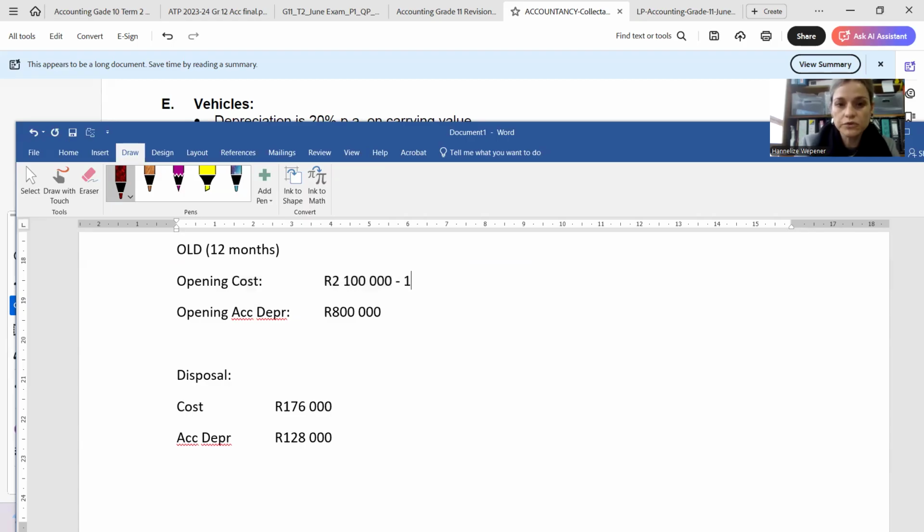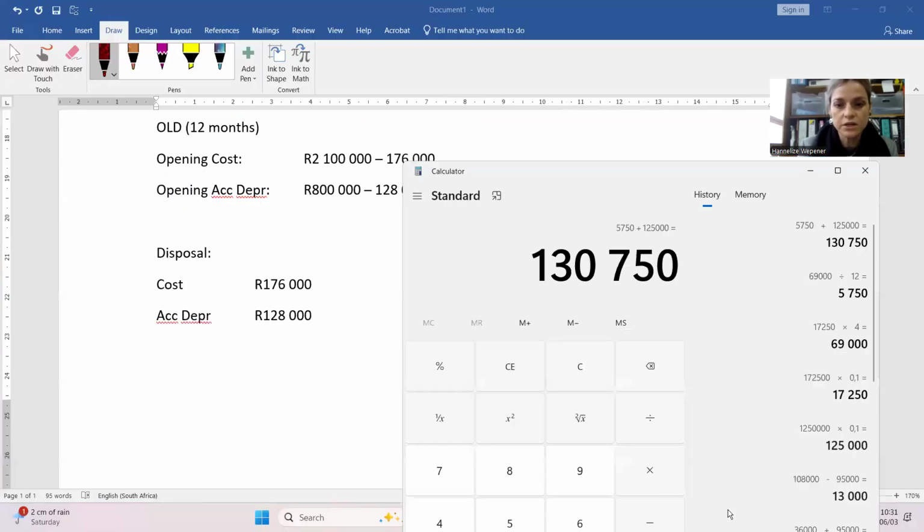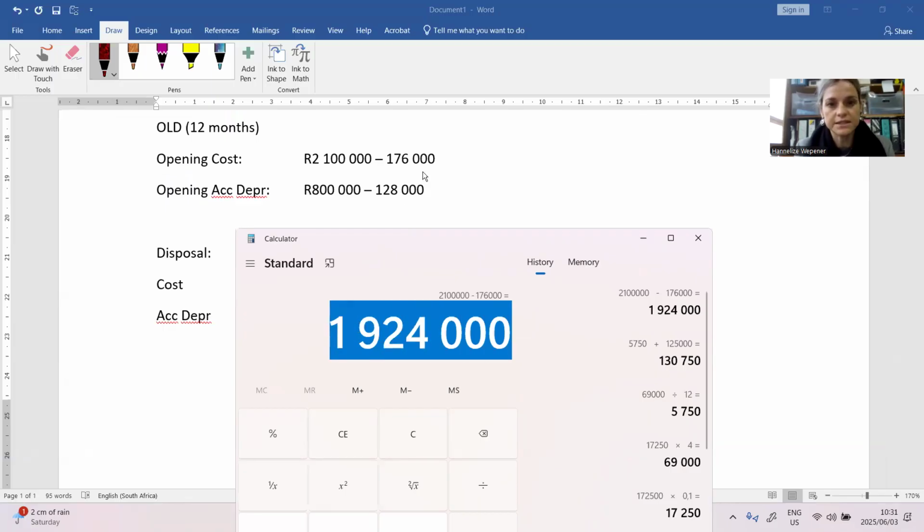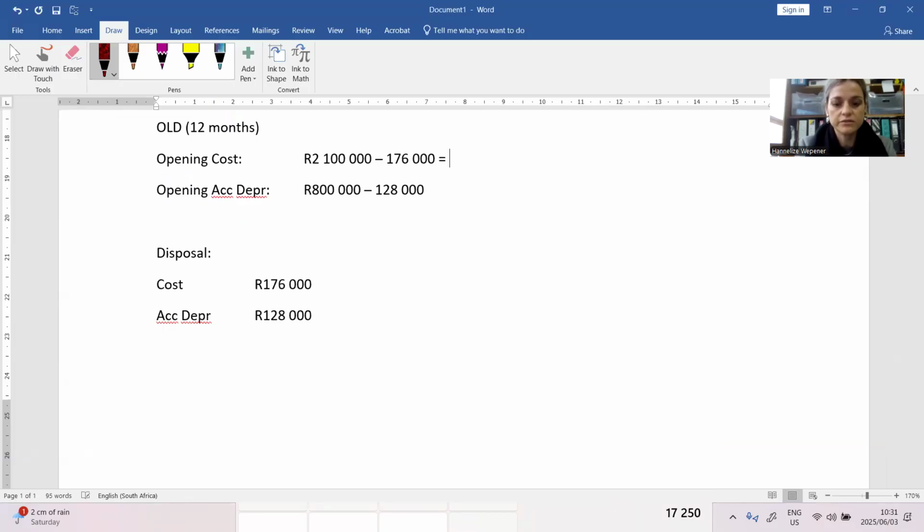So I'm going to remove that because I didn't have it for the full year. And if I remove the cost, I also have to remove my accumulated depreciation on that disposal on the first day. So 2.1 million minus 176. And yes, I know they did give us the depreciation for the year, but I'm going to do it anyways, right?